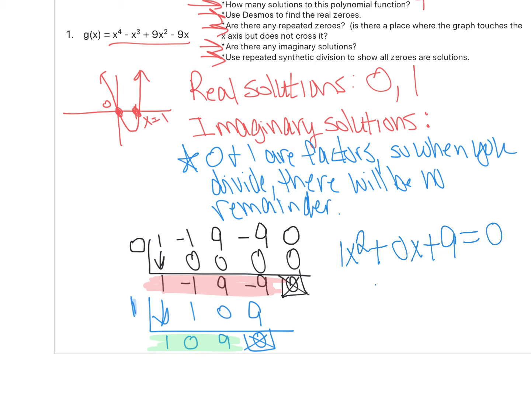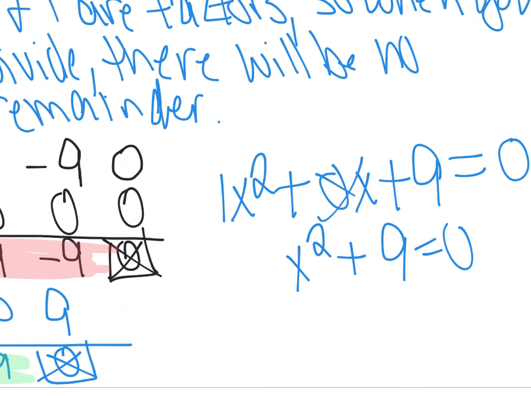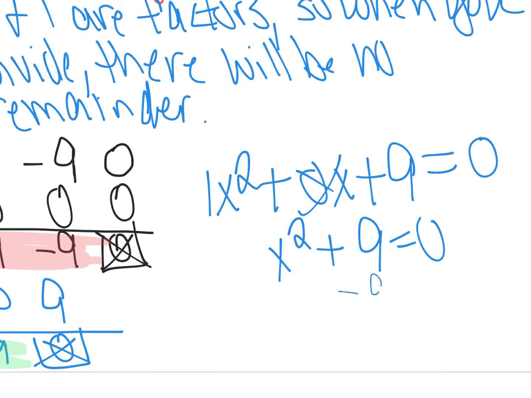I'm just going to rewrite that as x squared plus 9 equals 0, because anytime you multiply by 0 here, we don't really need that. And in order to get x all by itself, I'm going to subtract 9 from both sides and get x squared equals -9. If I take the square root, x will be plus or minus, remember we always have two solutions, the square root of -1 is i, the square root of 9 is 3.